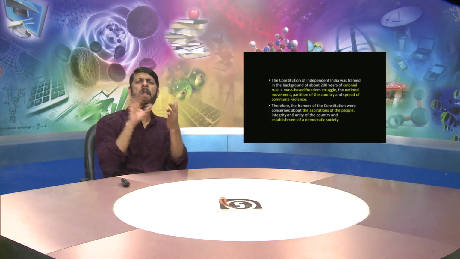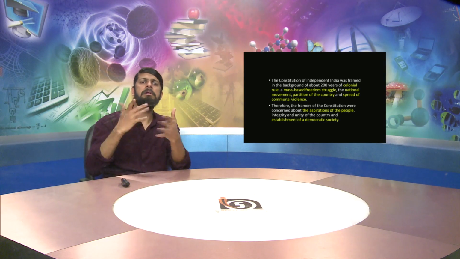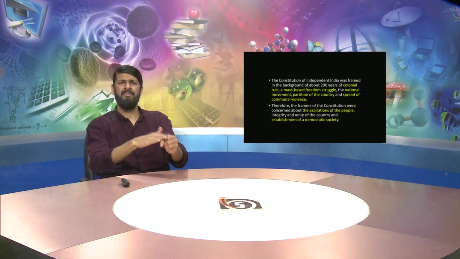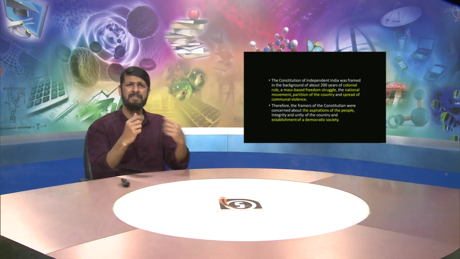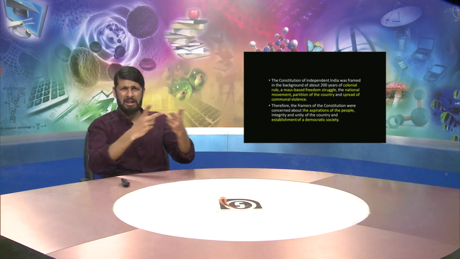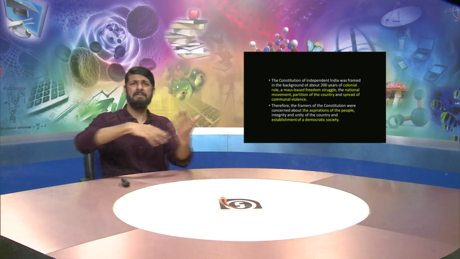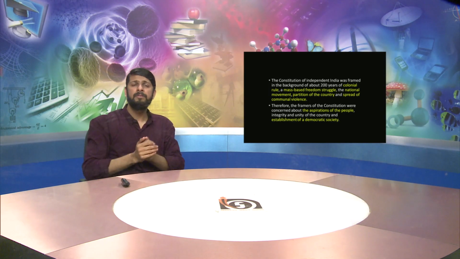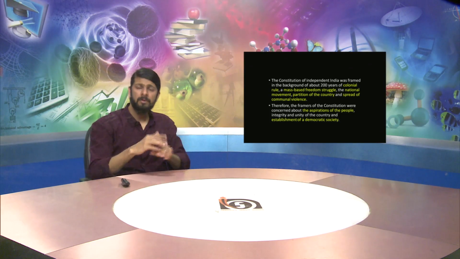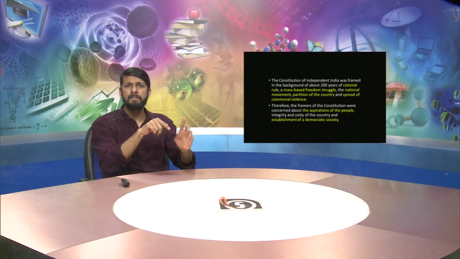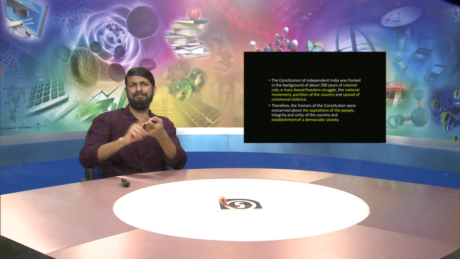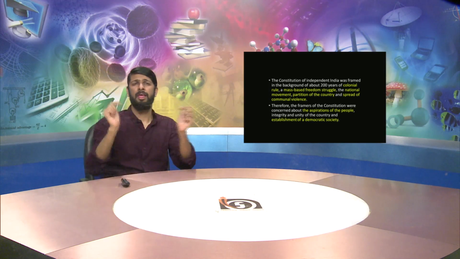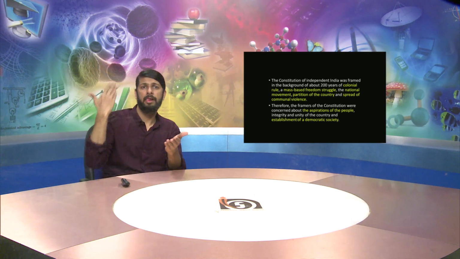The Constitution of Independent India was framed in the background of about 200 years of colonial rule, a mass-based freedom struggle, the national movement, the partition of the country, and spread of communal violence. This is about 200 years before.